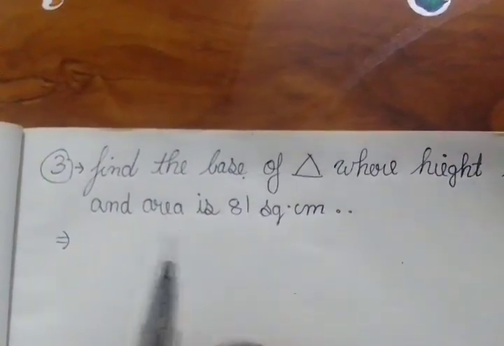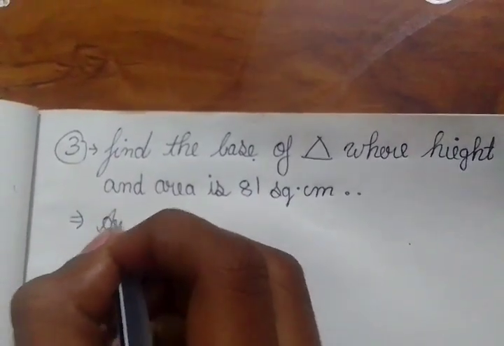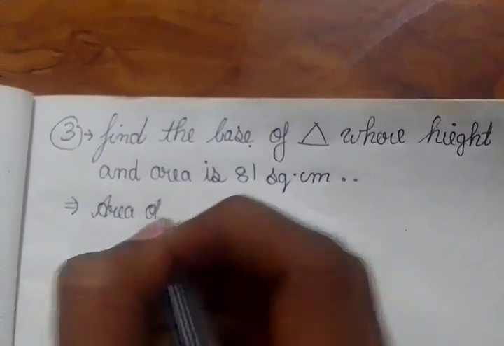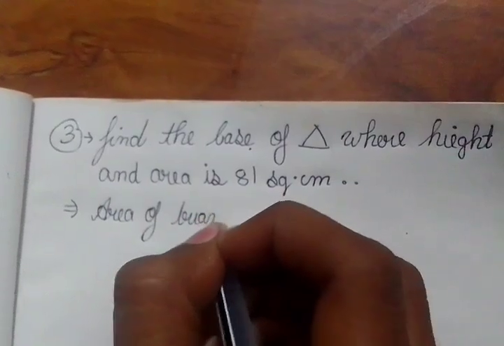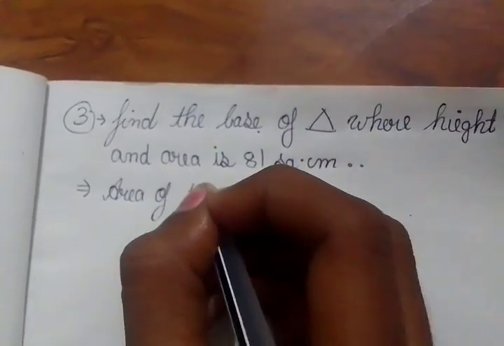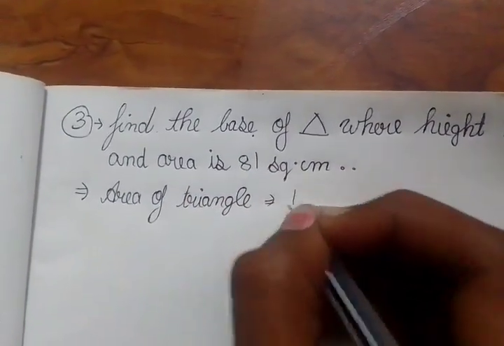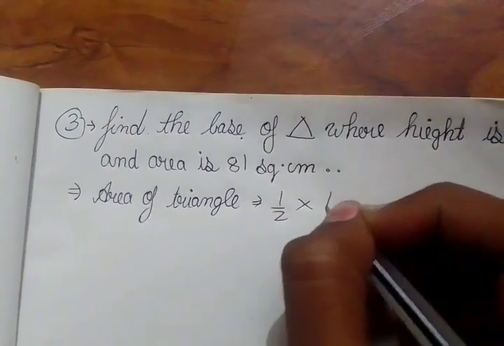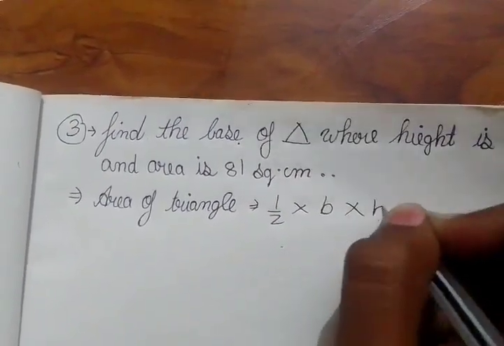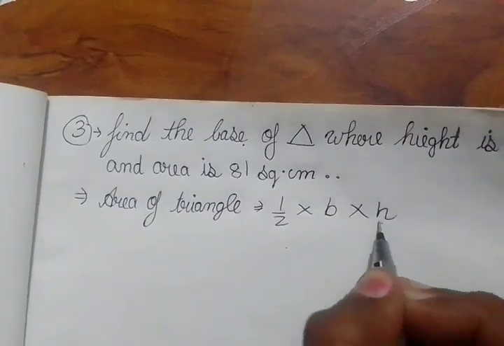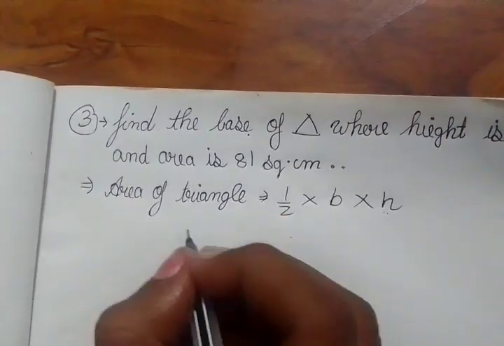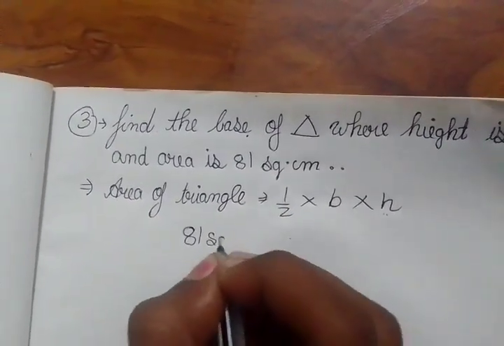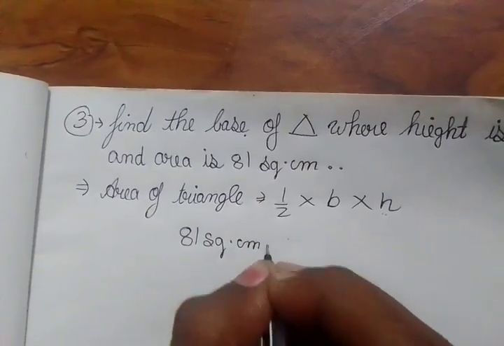So here we will write the formula first. Area of triangle. What is the formula? 1 by 2 into base into height, means base and height. So the area is 81 square centimeter.